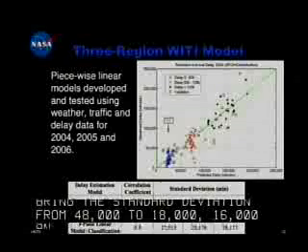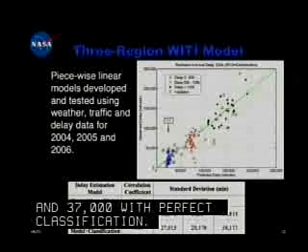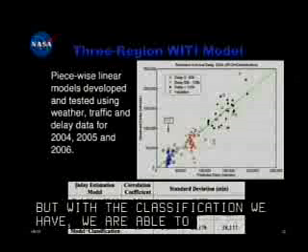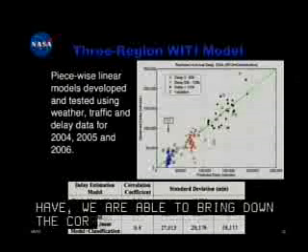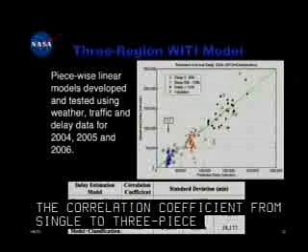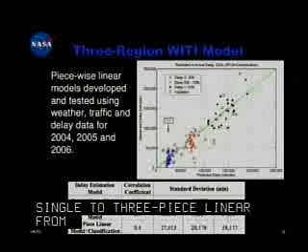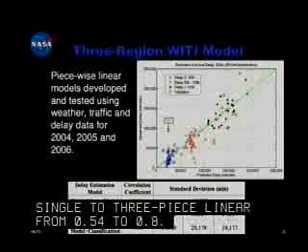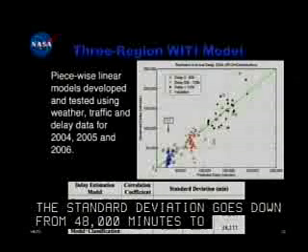But with the classification we have, we are able to bring down the correlation coefficient from single to three-piece linear from 0.54 to 0.8, and correspondingly the standard deviation goes down from 48,000 minutes to 27,000, 20,000, and 38,000.